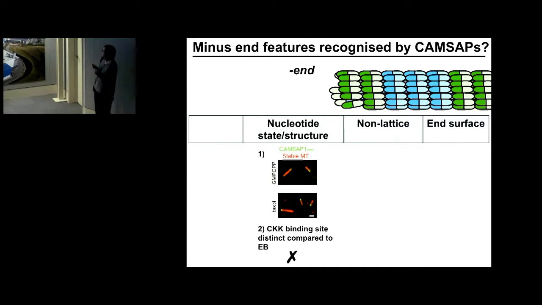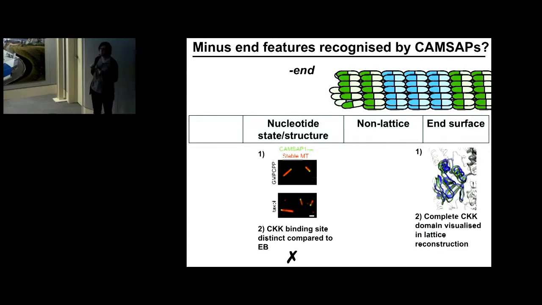In terms of recognizing the end surface, the binding site of the CKK domain that we could visualize suggested to us that it's unlikely that there was any sort of recognition component about the end surface of alpha tubulin at microtubule minus ends. And the only very subtle differences that we saw between the wild type and the mutant also sort of suggested that.